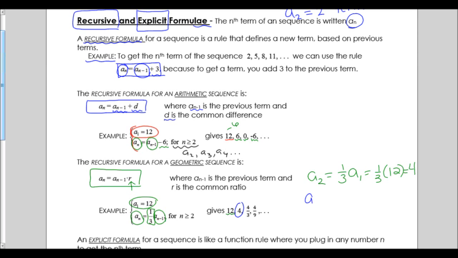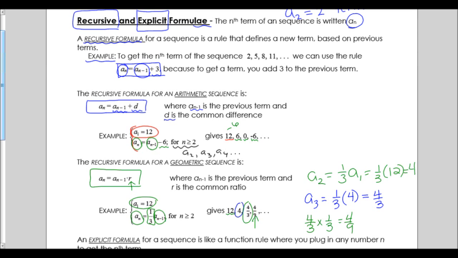So if I wanted to find the third term, it would be 1/3 of the term before it, which was a 4. 1/3 of 4 is 4/3, and that's the next item that goes into my sequence. So then I'm going to do 4/3 times 1/3 equals 4/9, and that's the next thing in the sequence.